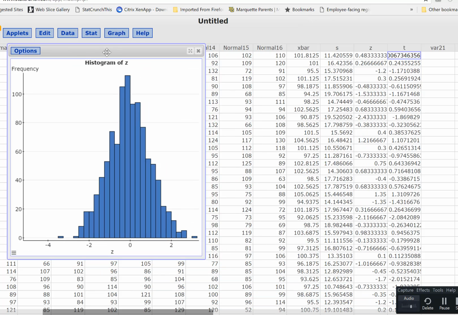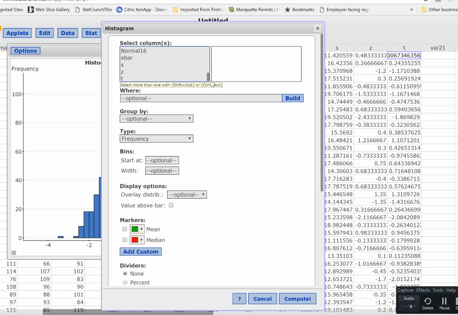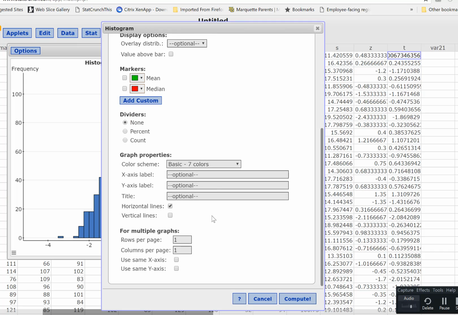There it is. You can see sometimes you're going to end up with these weirdos, right? He's more than 3 standard deviations away, but that should happen, just not very often. Right? Graph, histogram of T, -5, 0.25.